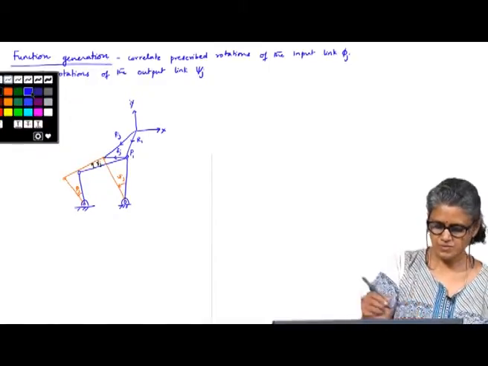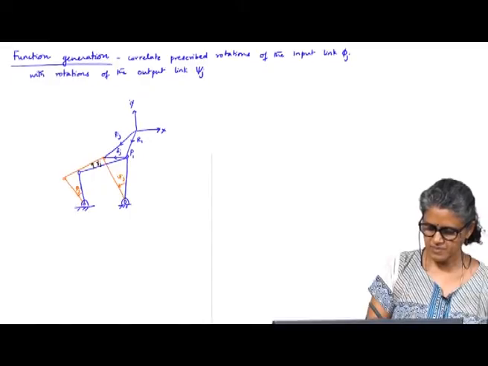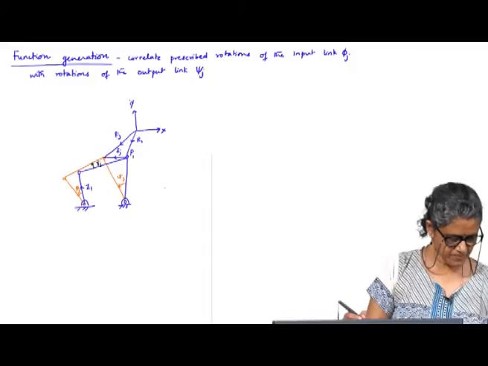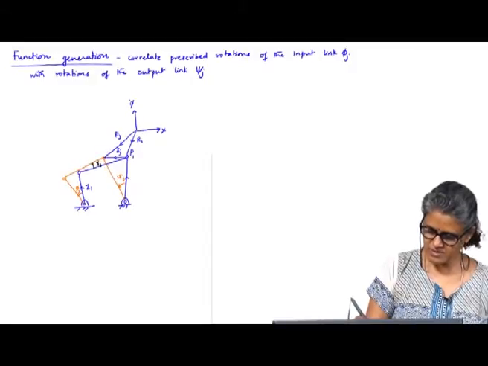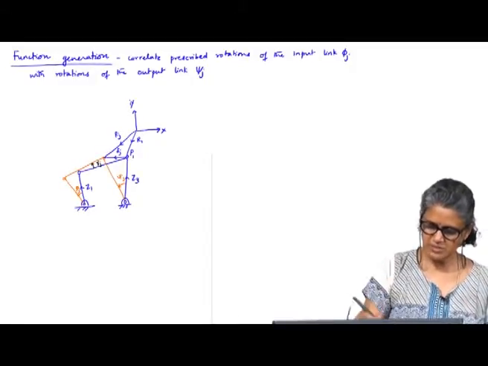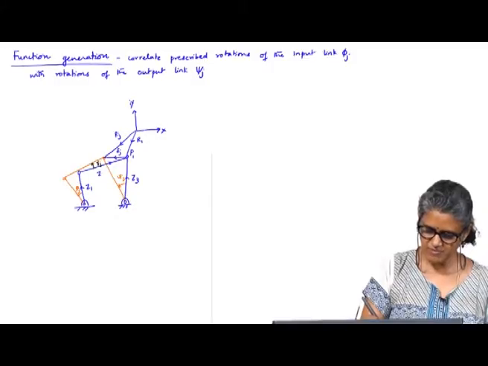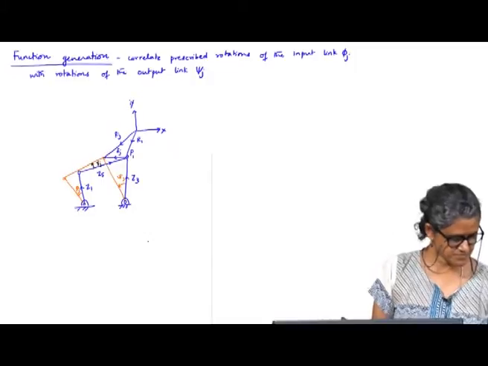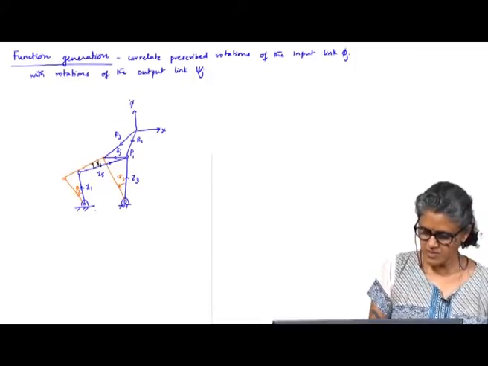So if I take this as Z1, take this as Z3, and in my original thing this was Z5, okay, and this fixed link is Z6.